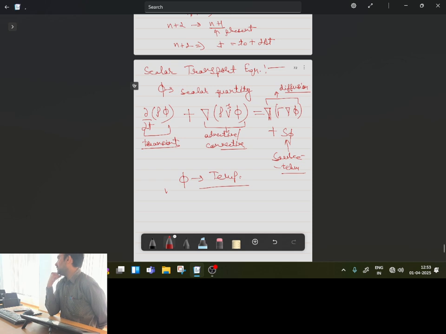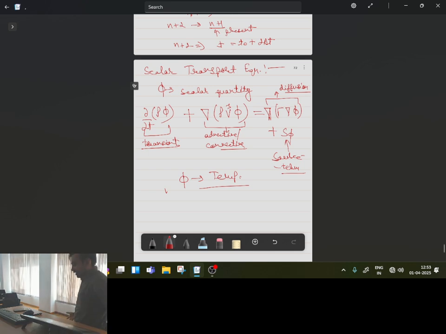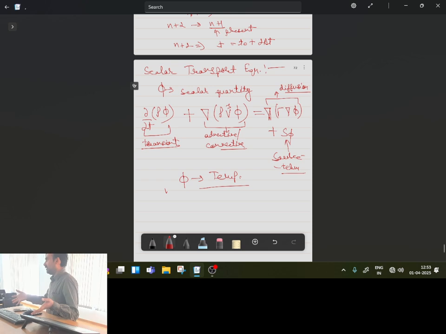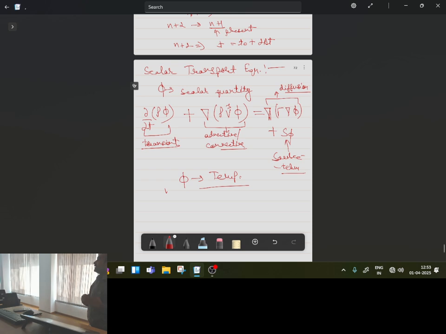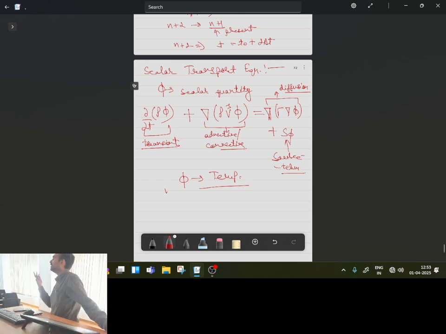So what will happen? If I consider the fire to be symmetric, then whatever temperature you experience will be the same. Is this one clear? And if you make a small circle, if you come close to the fire, then you will experience more temperature. If you form a big circle, it means you are going away from the fire, then you will experience less temperature. Is this one clear?